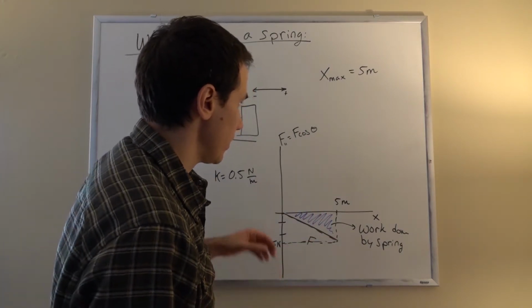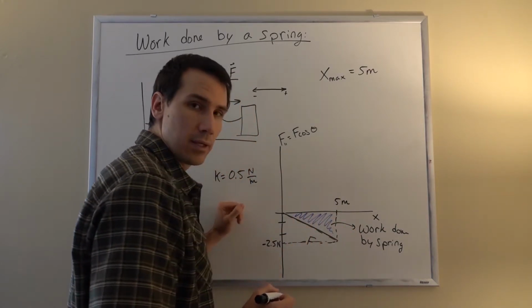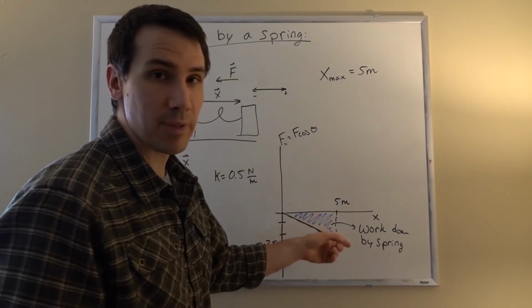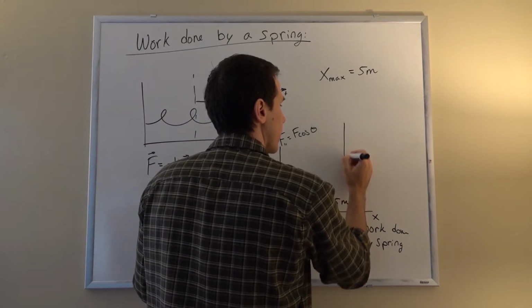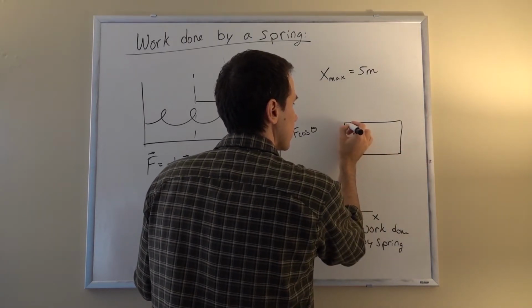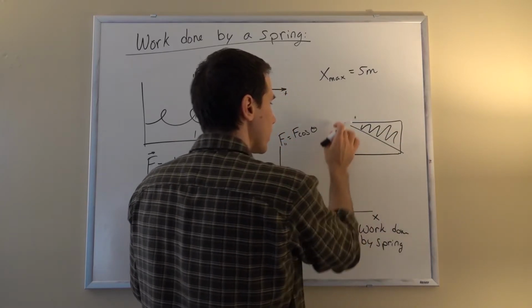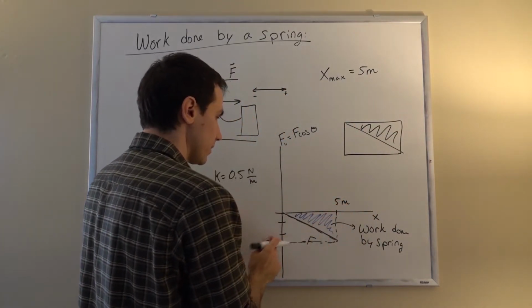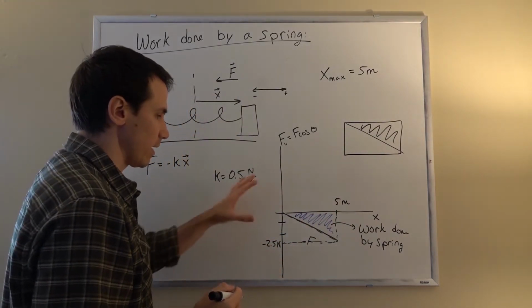And the way that I'm going to think about doing that is I'm going to take this full box that I've drawn and note that the area must be half of that full box, right? So I have a box where this is my line and this is what I'm interested in. One side of this box has a length of, and I'm only going to use magnitudes here, I'm not going to worry about positive or negative.